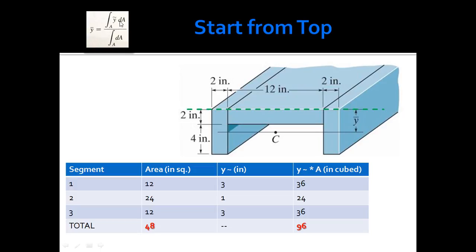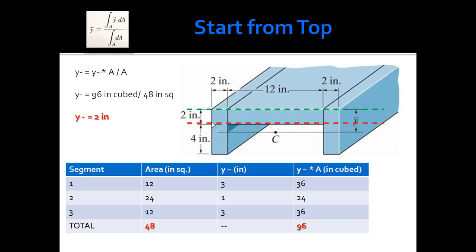So y squiggle times dA comes from this part right here, and the integral of dA comes from this part right here. So in the end, all we do is take y squiggle times A, our total is 96, divided by the total of the area, which is 48. So you should get y bar equals 2 inches. And that means our y bar is located 2 inches below the top of the entire body.